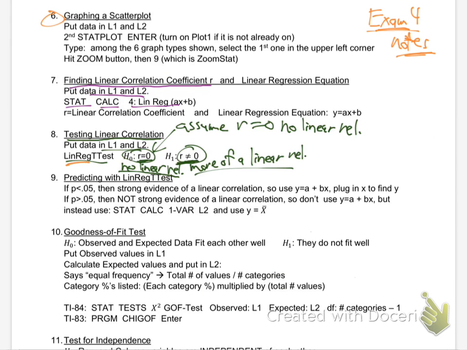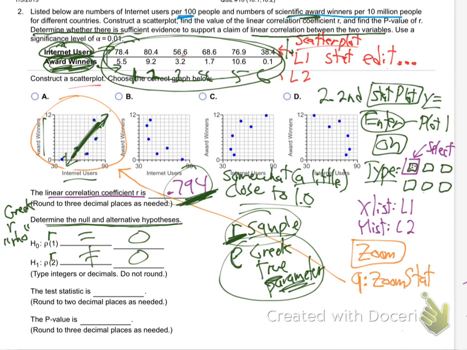So we just do linear regression t-test. So we go to stats, go over to test, go to linear regression t-test. We're wondering if there's a linear relationship. Hit enter. The X list should be L1 because that's where you put your X values, right?